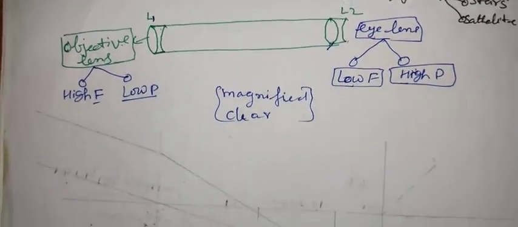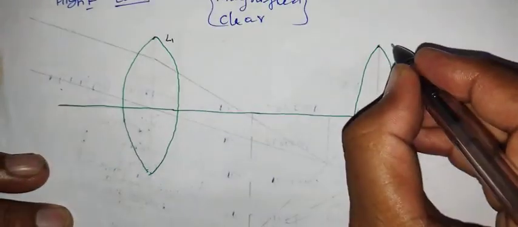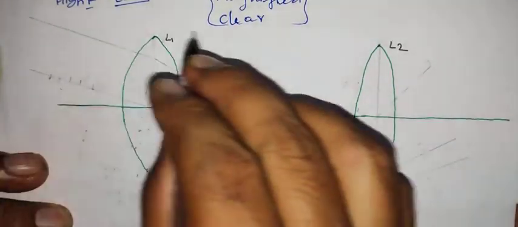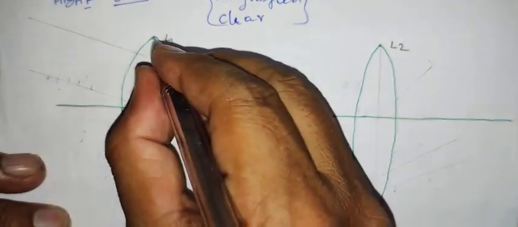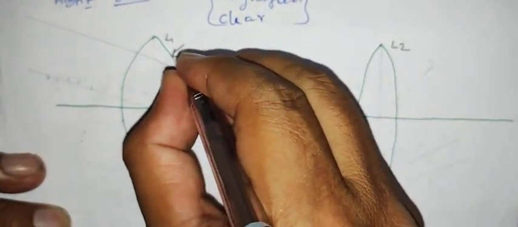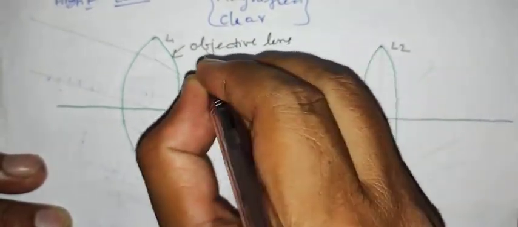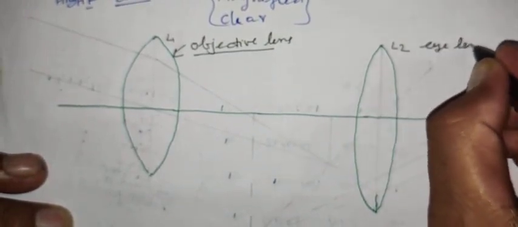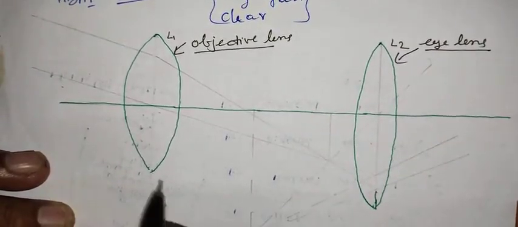Here in this diagram, consider two lenses L1 and L2 at the ends of the tube of the telescope. L1 is called the objective lens, whereas L2 is called the eye lens. We have already told this.